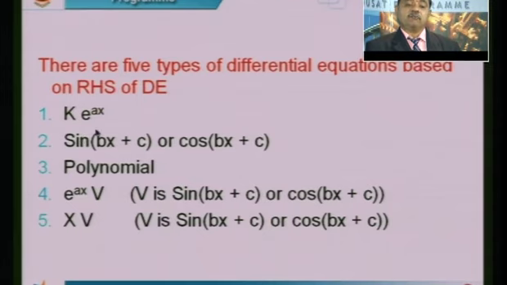So very important is type 1 k e power ax, type 2 sin bx or cos bx plus c, type 3 polynomial. These 3 are the most important types. Fourth and fifth, by specific substitution, will come back to the first 3 types.